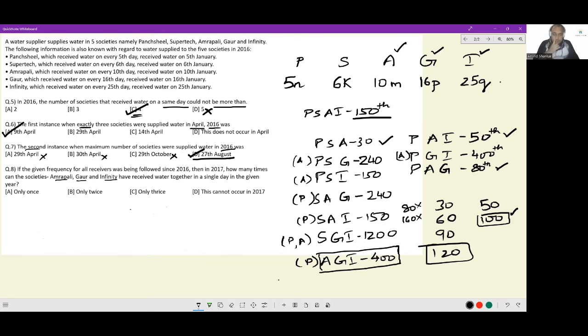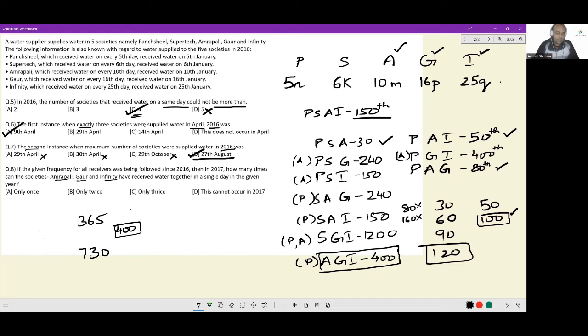So pay attention, they're not saying only these 3, they're saying these 3 have to receive it together. So these 3 receive it every 400 days. So the first year is done at 365. The second year is done at 730. Within this, there will be one instance. At the end of 400 days, AGI receive water together.